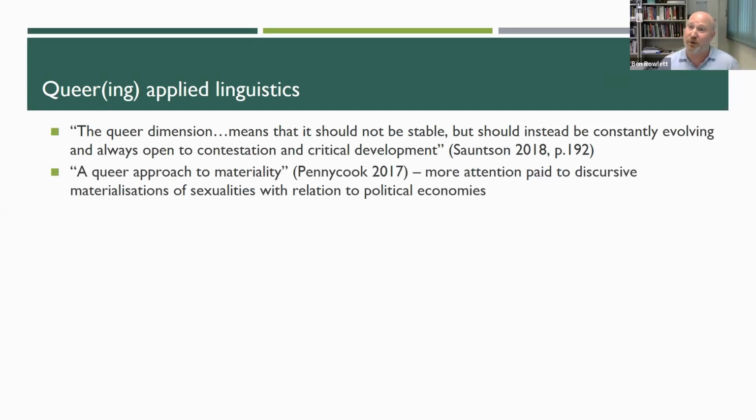And this means engaging always with these broader epistemic shifts and approaching any queer applied linguistic study with a keen eye, for example, on how discursive materializations of sexualities relate to political economies. And I think that's a relation that we've seen clearly in the case study that I've presented.